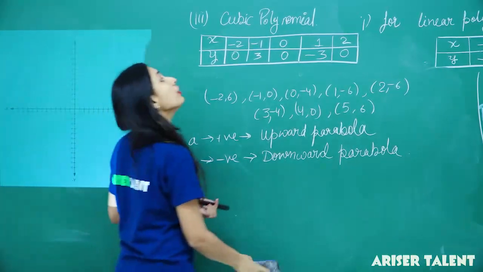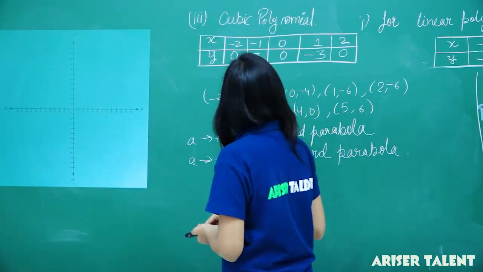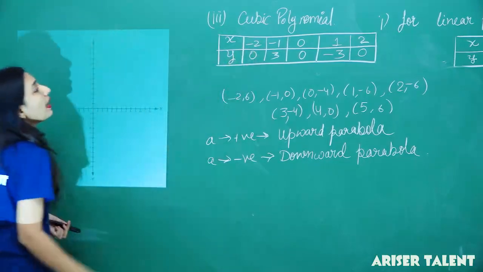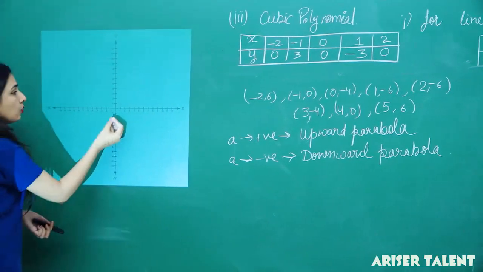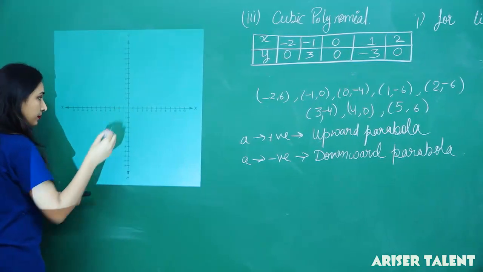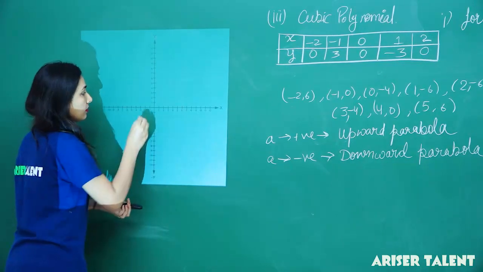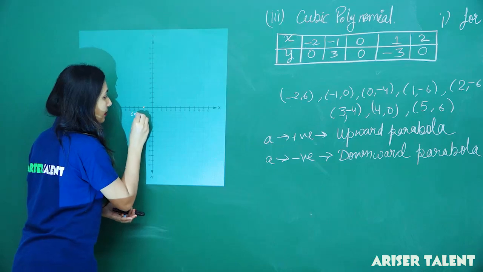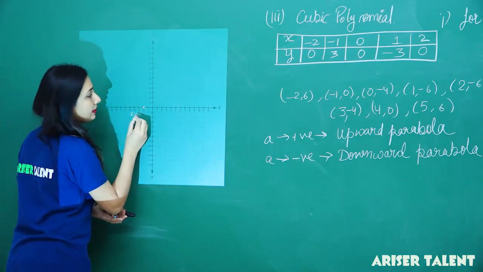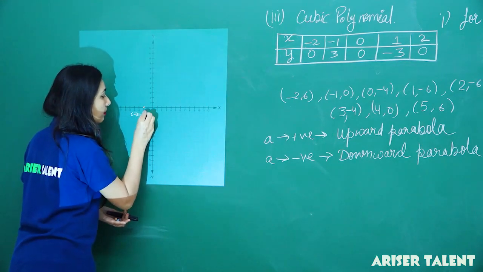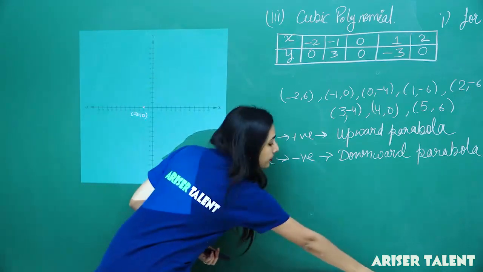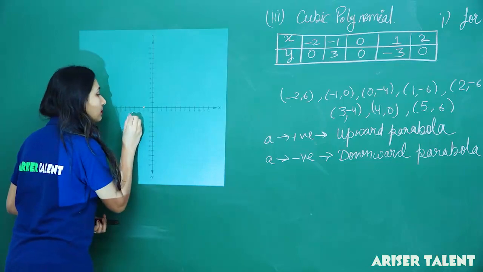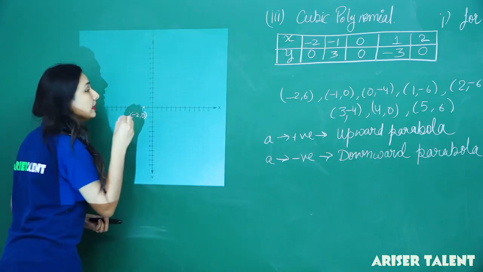Let's have a look at cubic polynomial. Okay, so I'm getting values of minus 2 and 0 here. x is minus 2 and 0.